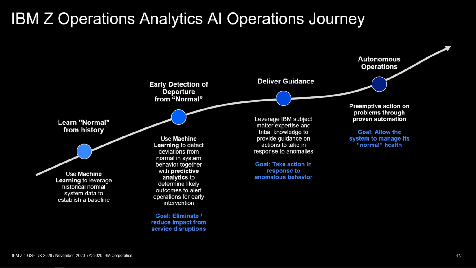So once we have that model, what we start looking at is live data and how that compares to the model. And we're looking for trends of deviations away from that normal baseline in order for us to be able to say, okay, this is anomalous behavior. And anomalies don't always mean that there's a problem.